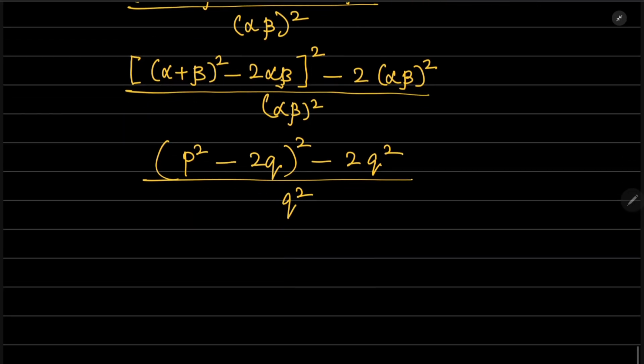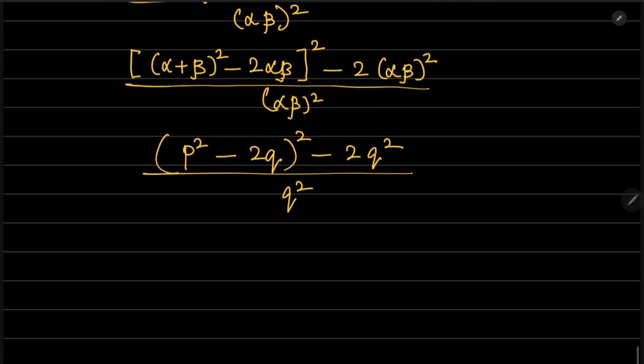Okay, now open the bracket. This is of the form a minus b the whole square. What is a minus b the whole square? It is equal to a square plus b square minus 2ab, is the identity. So let's use that identity here.